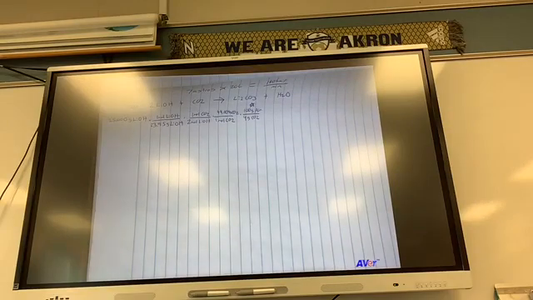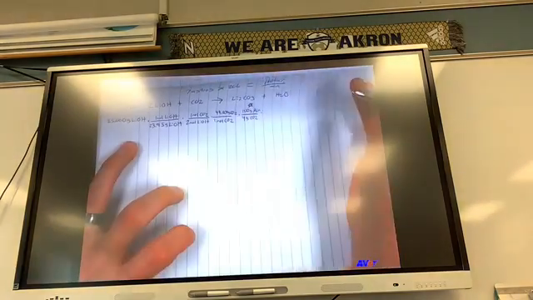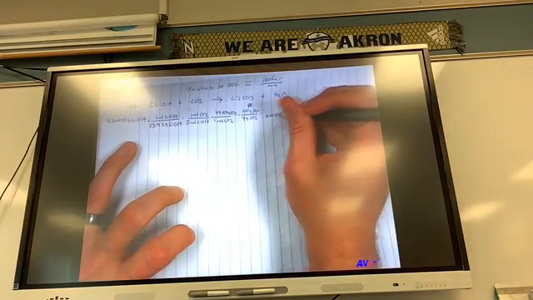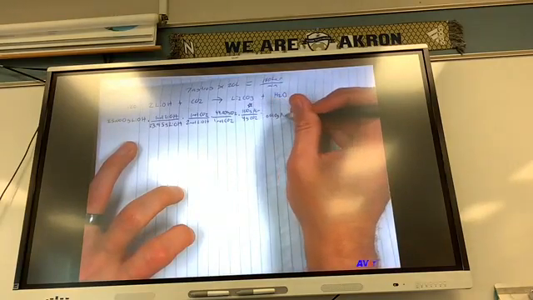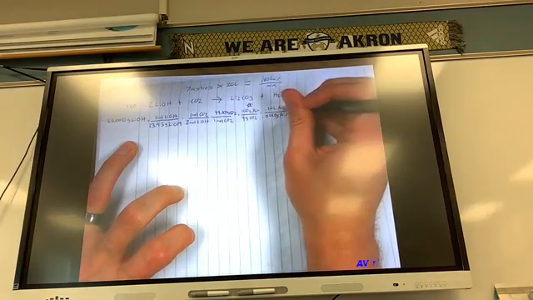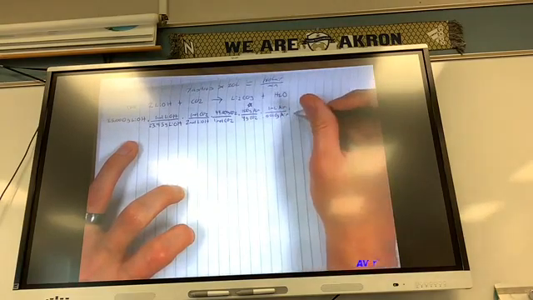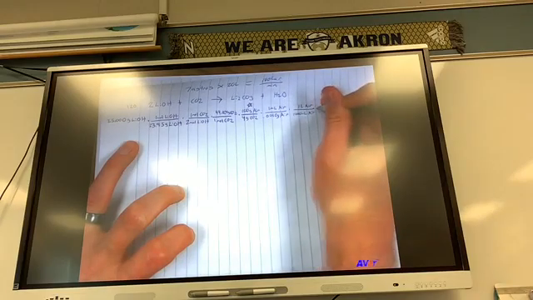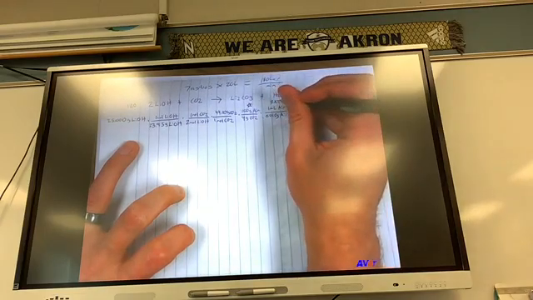Reese, you good? Okay. And now they also gave me the density of air. That's going to be my next step, rate number 1. And I know that for every 0.0010 grams of air, I get 1 milliliter of air. And I know that there's 1,000 milliliters of air in 1 liter of air. So here's my first rate from the problem.